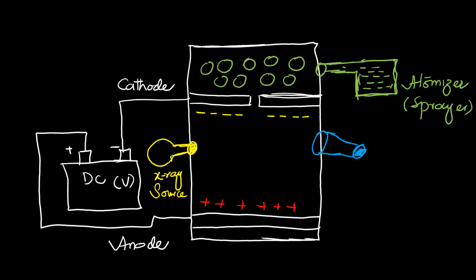In the Millikan oil drop instrument, the arc lamp is also connected with a microscope. The role of the microscope is to analyze. So this is the representation of the microscope.